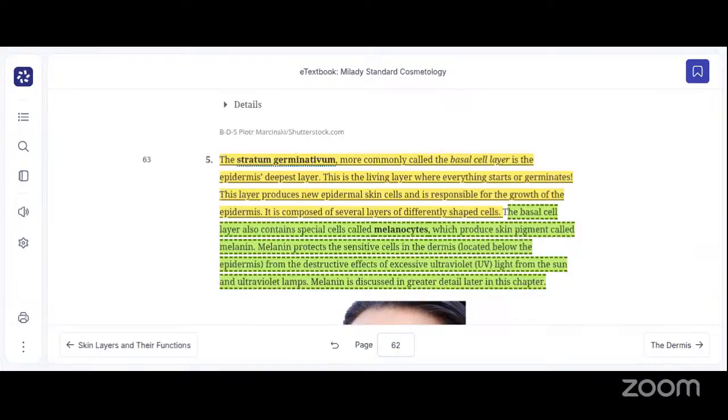Everybody in the world has the same number of melanocytes. You might say, Miss Cox, what? Yes, everybody has the same number of melanocytes.